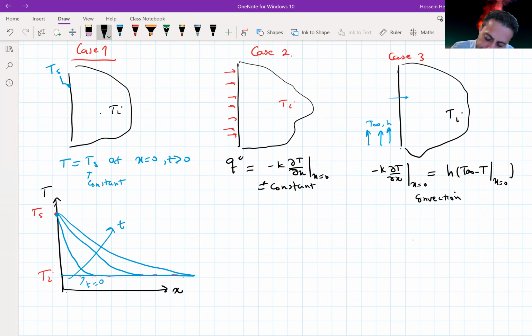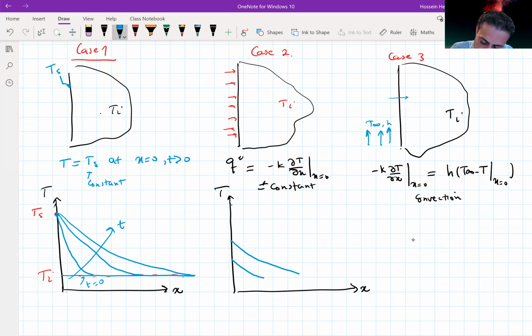The other case is a constant flux at the boundary. If the flux is constant, what that means is the slope of the temperature gradient is going to be constant. So here, let's say everything is initially at Ti. Now what's going to happen is we have this flux getting in and changing the temperature.